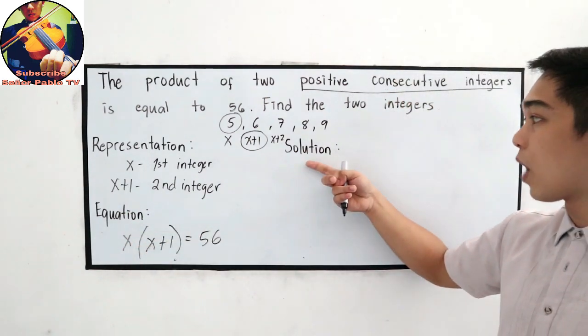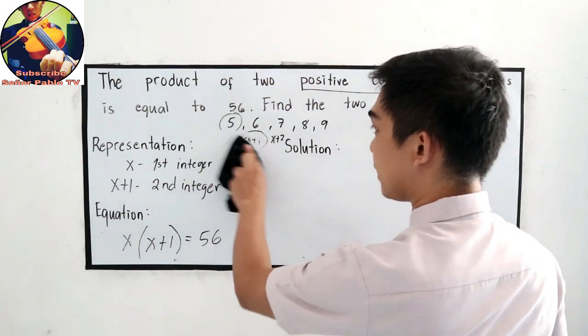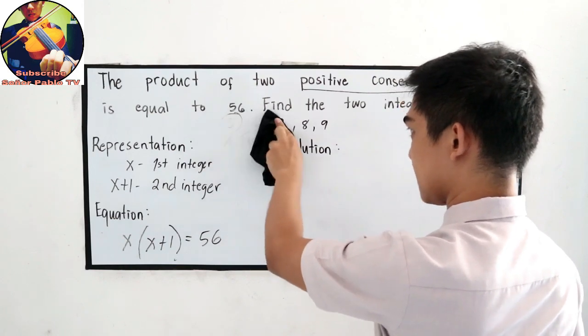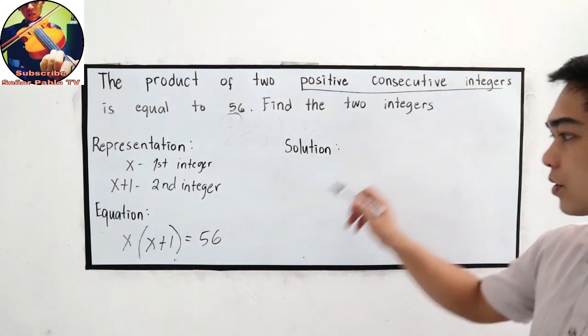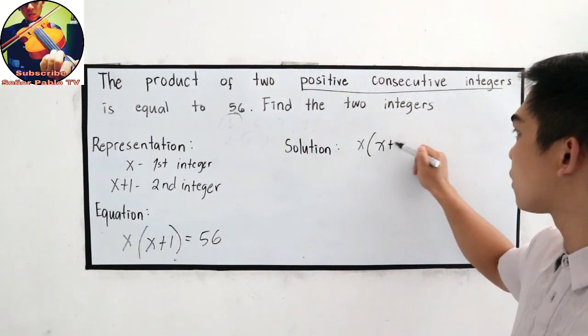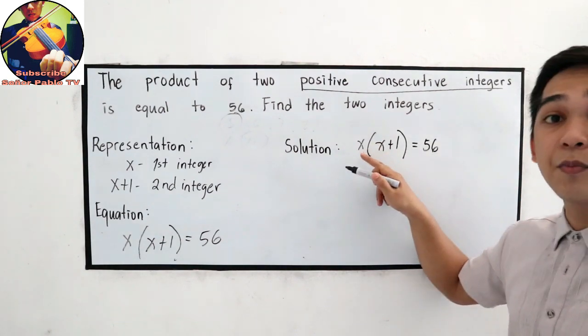Now, let us proceed to our solution. I will erase this. Our solution is, copy the equation, x times x plus 1 is equal to 56. Then distribute x.